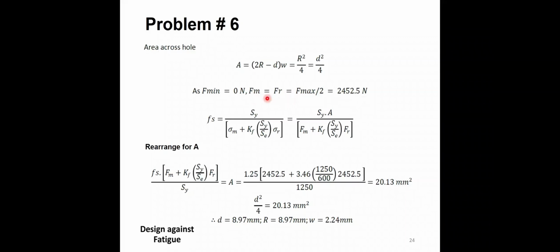So both are equal here because the minimum force is 0. So the mean and the reversed forces are the same, which is the maximum force divided by 2.